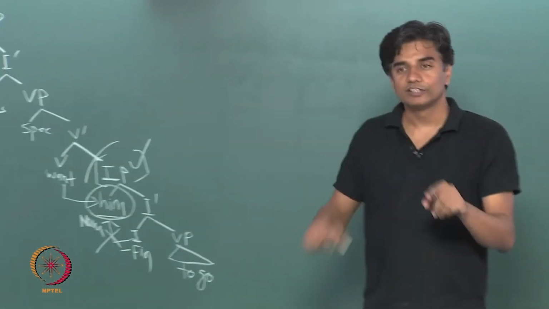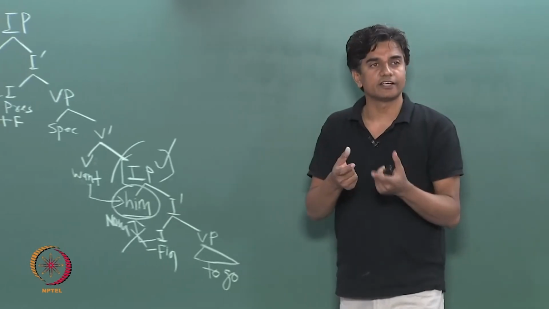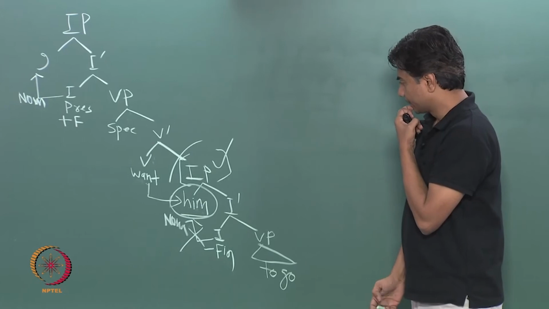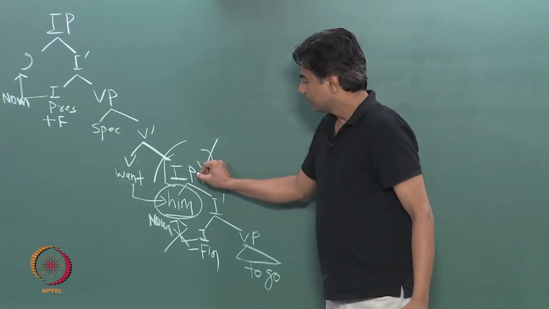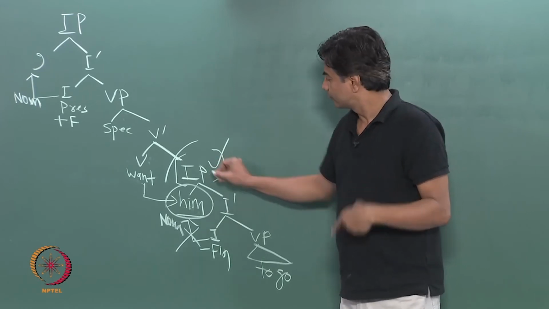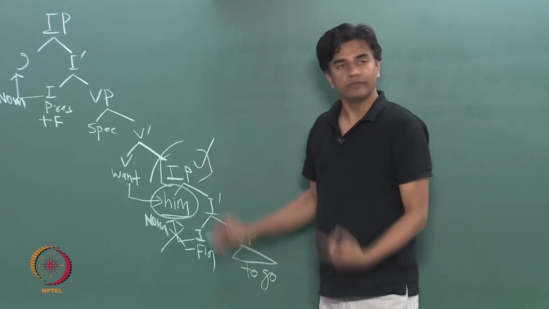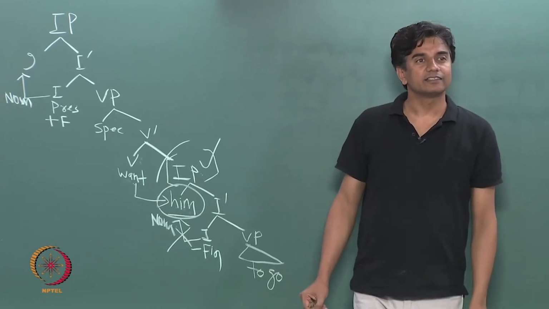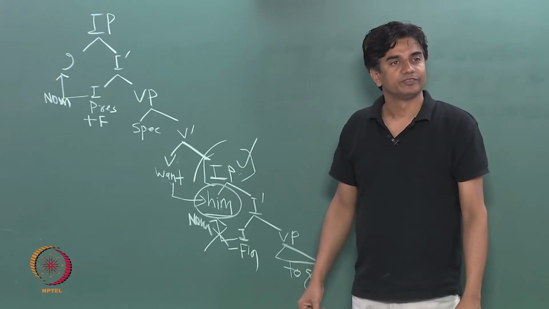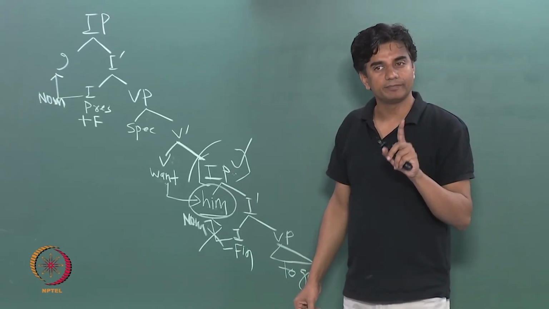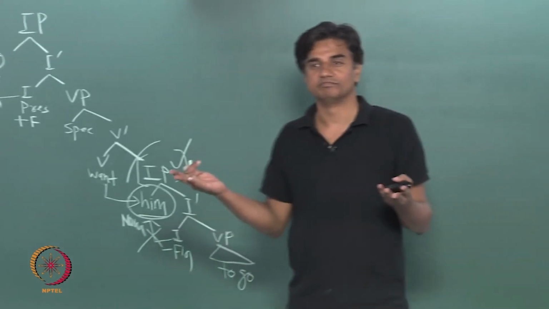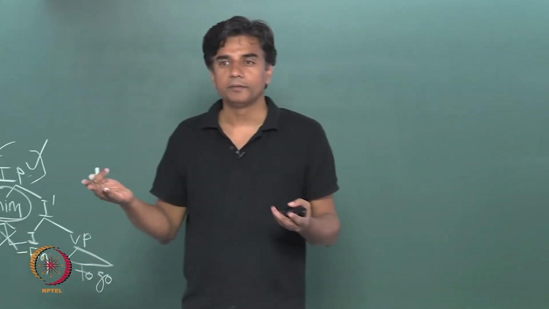So some people suggested a couple more things. They said, look, because they knew this is a barrier, there is one way to say that non-finite IPs, please pay attention to that, non-finite IPs are probably not barriers, right?